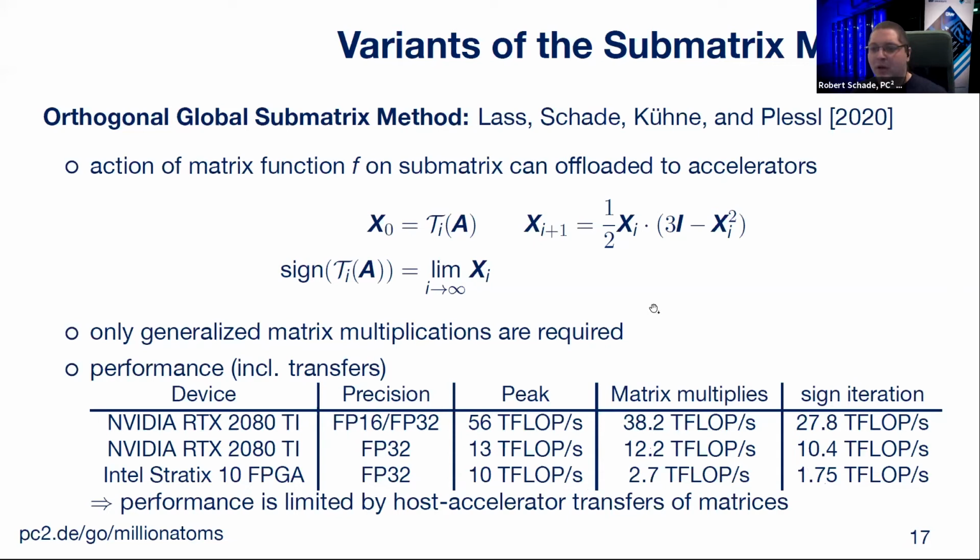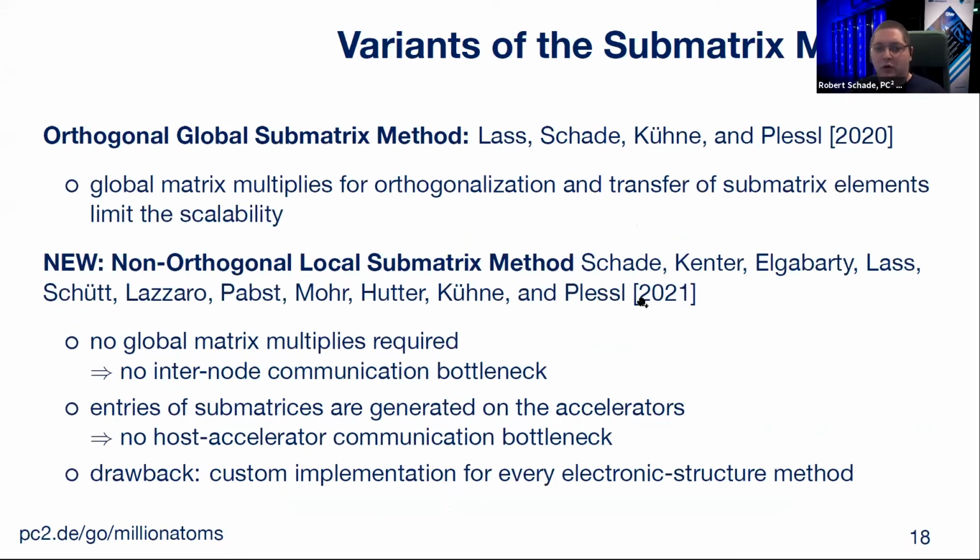So we came up with a new method that we now call the non-orthogonal local submatrix method. That's our recent development within the last year. It's constructed so that you don't need any global matrix multiplications anymore, so you don't have an internode communication bottleneck anymore.